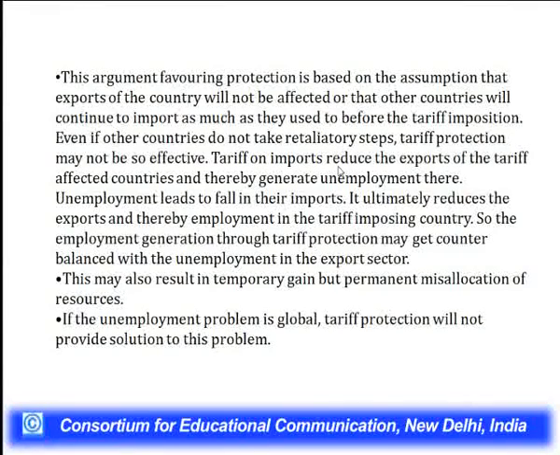Tariffs on imports reduce the exports of the tariff-affected countries and thereby generate unemployment there. Unemployment leads to a fall in their imports. It ultimately reduces the exports, and thereby employment, in the tariff imposing country.